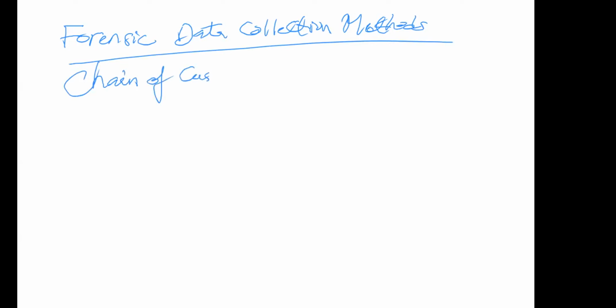What is chain of custody? It is the history of your data: how you preserved it when you got it, and what steps it passed through until it was submitted in court or to the authority.